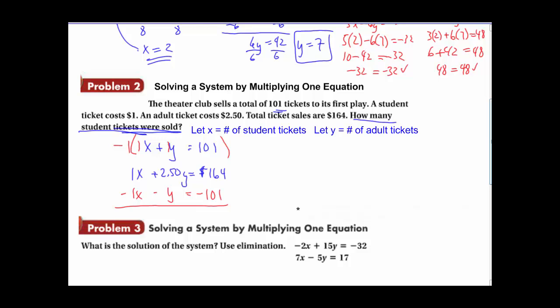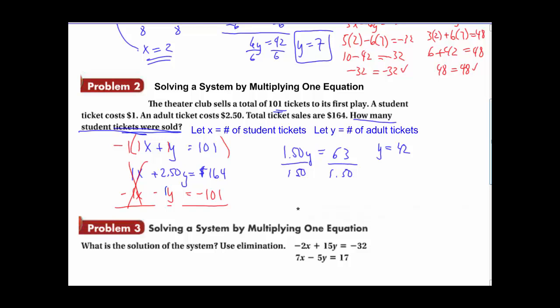By doing that, these x's will cancel. So 2.50 minus $1 gives us $1.50y, which is equal to 164 minus 101, which is 63. Now to solve for y, we divide by 1.50, and we end up getting y equals 42.